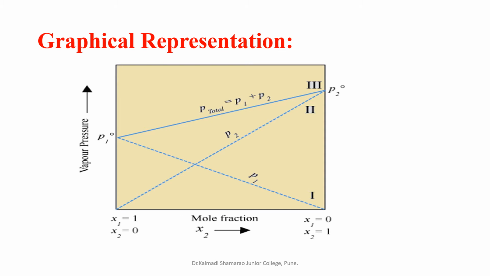When x1 is equal to 1 and x2 equals 0, the total pressure is equal to P1 naught, and when x1 is equal to 0 and x2 is equal to 1, total pressure equals P2 naught. So these are shown by the lines 1 and 2 in the graphical representation.